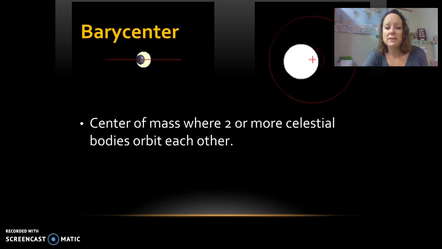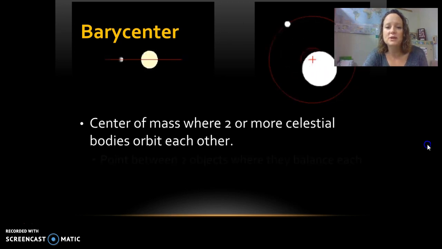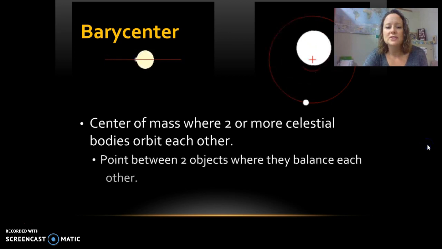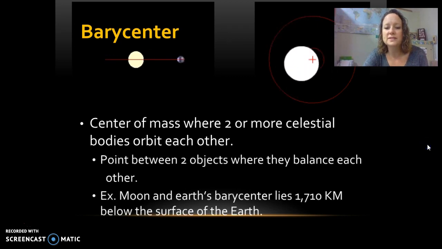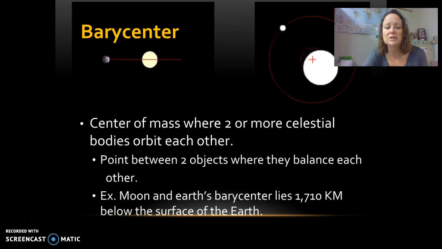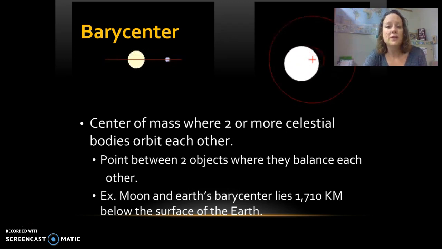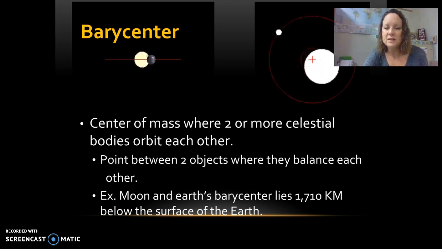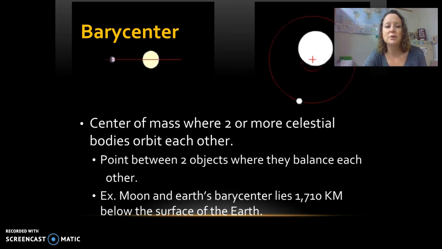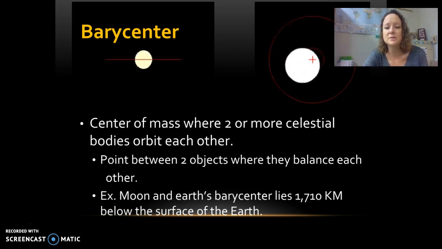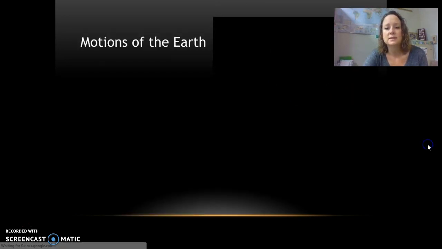And the barycenter, or that center of mass between the earth and the moon, is actually underneath Earth's surface, about 1,700 kilometers. So you can see in the animation how the earth also orbits around that center. So it's not just the moon moving around the earth. The same thing happens with any two things in space.